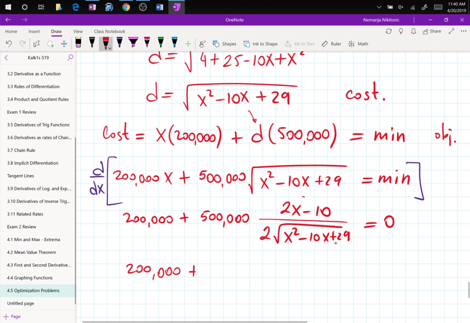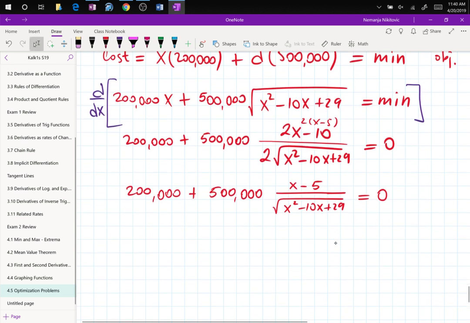You can factor 2 and get x minus 5, and then the 2 will cancel. So we have 200,000 plus 500,000 times (x minus 5) over the square root of x squared minus 10x plus 29.